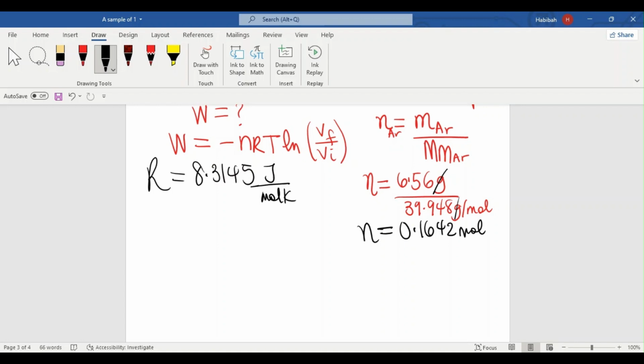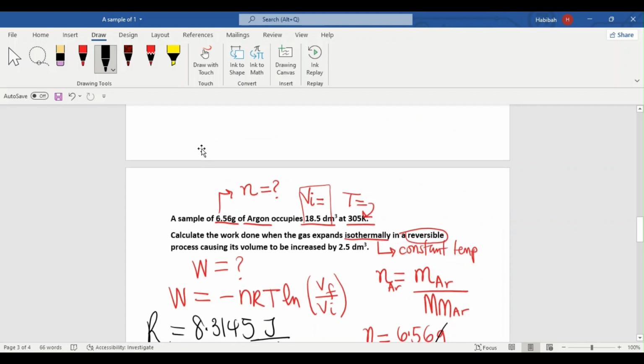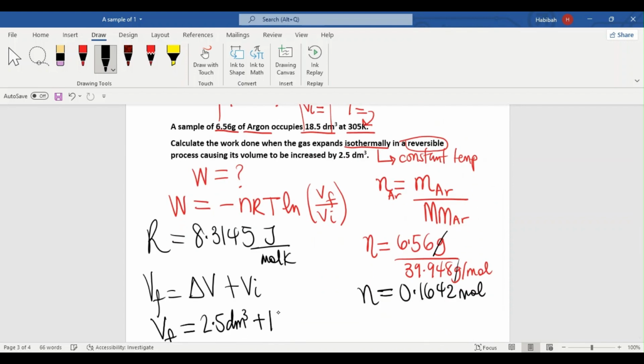And you have the V final equal to change in V plus V initial. So V final is going to be the change in V, 2.5 dm³, because of course it's an expansion process, plus the initial volume, which we have to be 18.5 dm³.